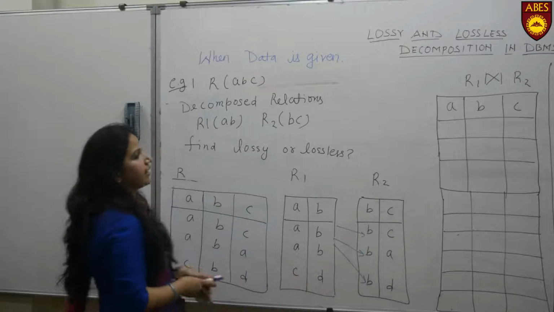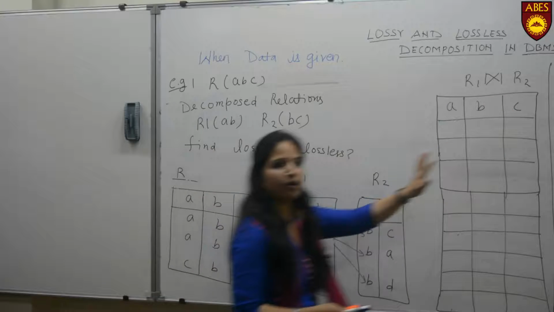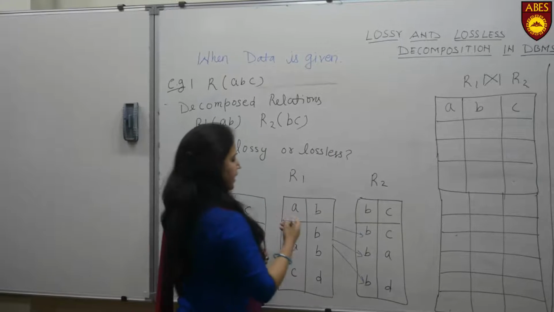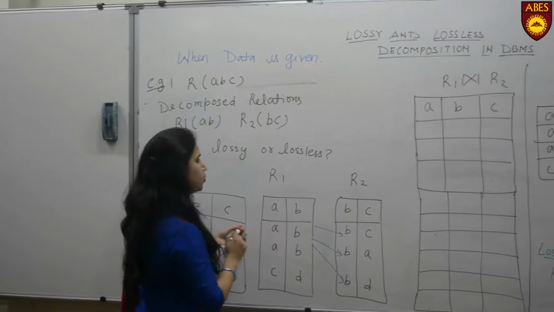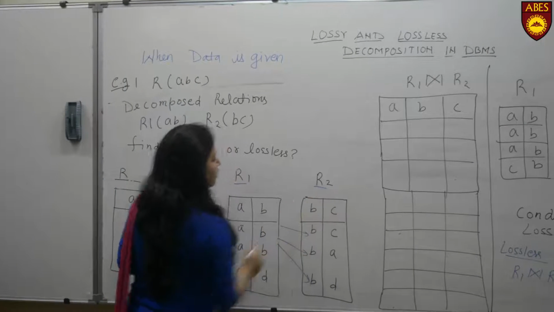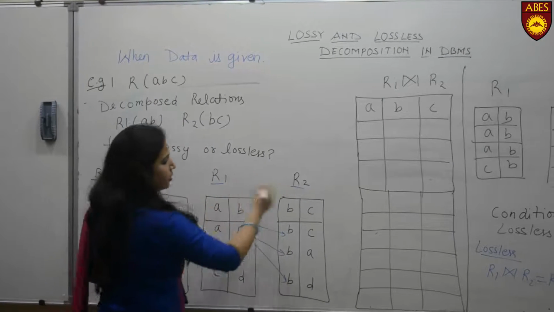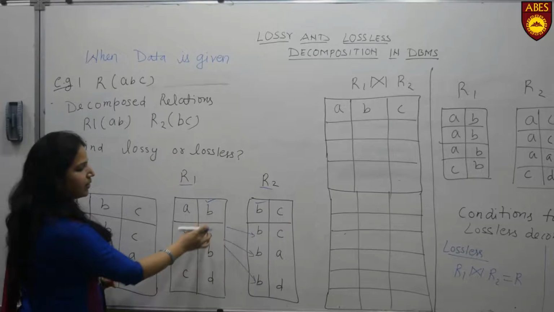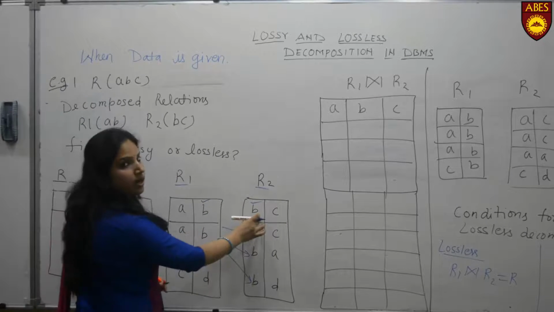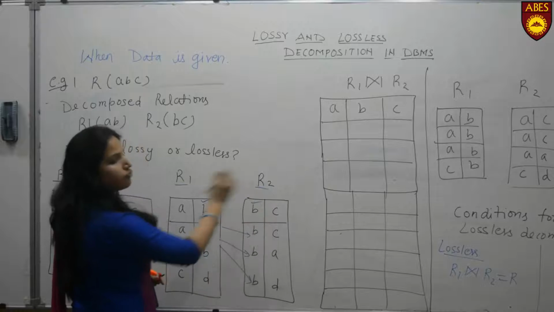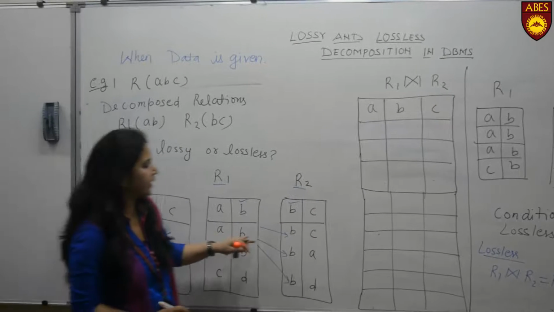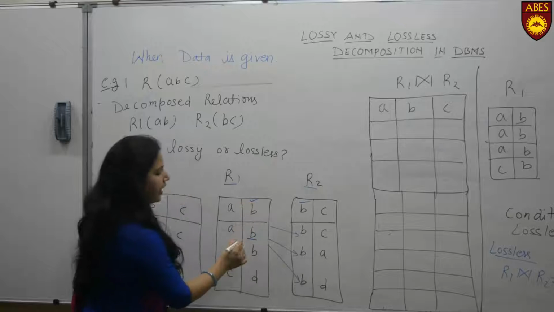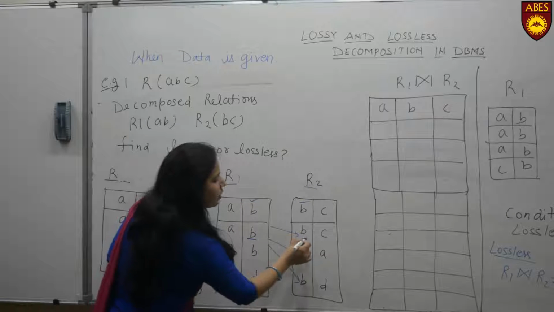So how will we find the natural join of R1 and R2? In these 2 relations, the common attribute in both split relations is B. Here B in R1 is similar to the first attribute of R2. So for finding the natural join, we take the first row of R1 and compare it with the first row of R2.